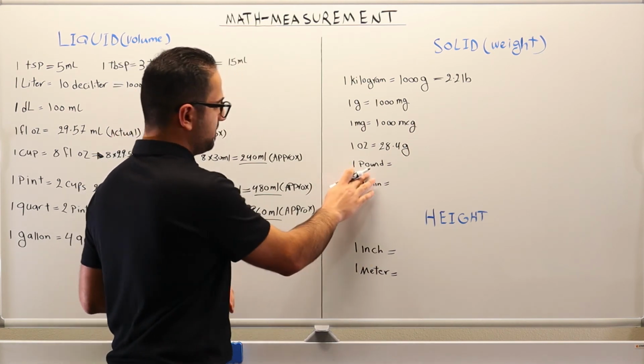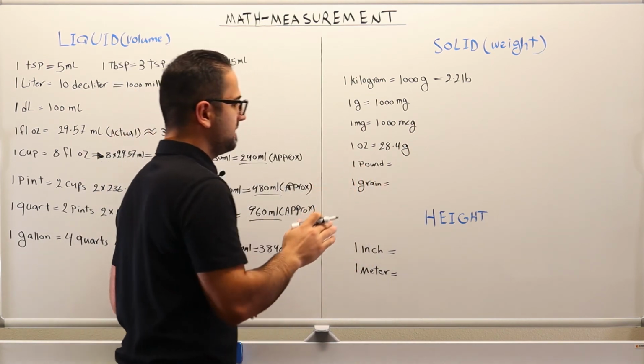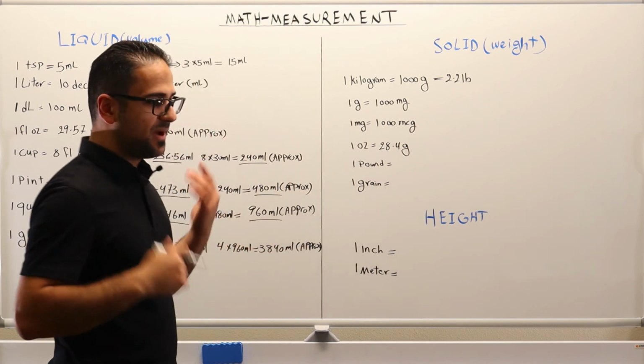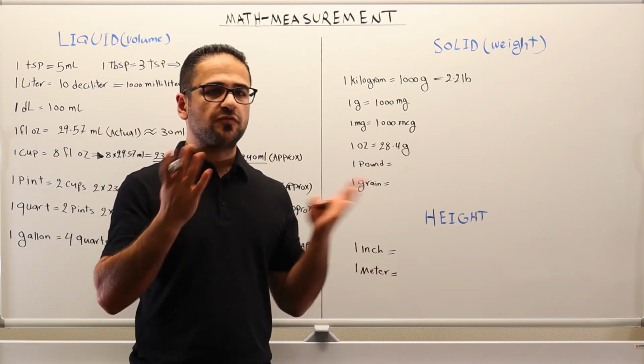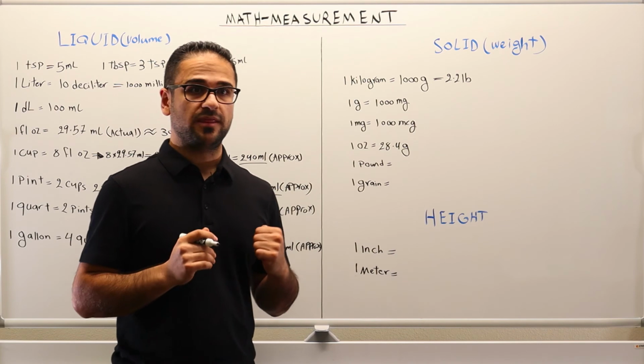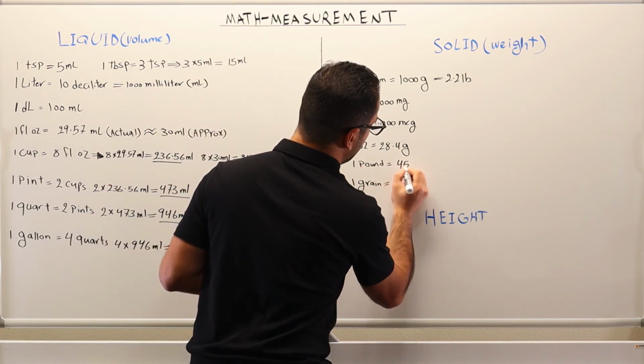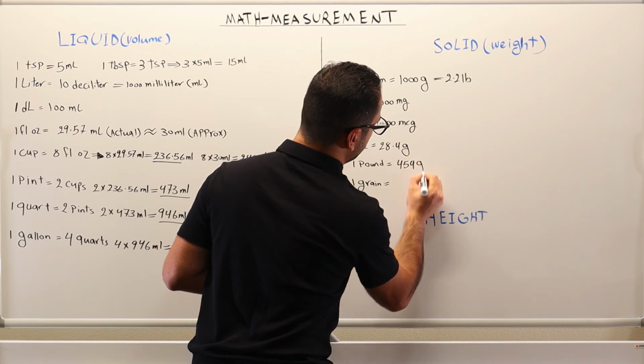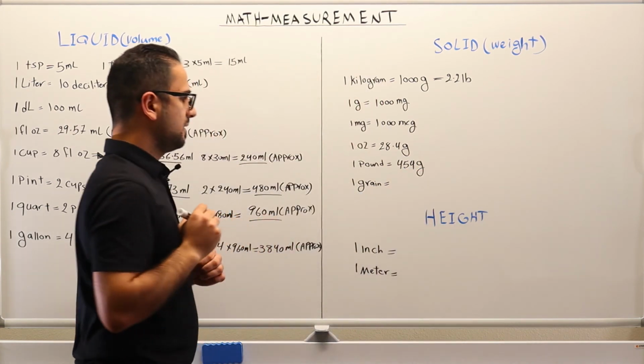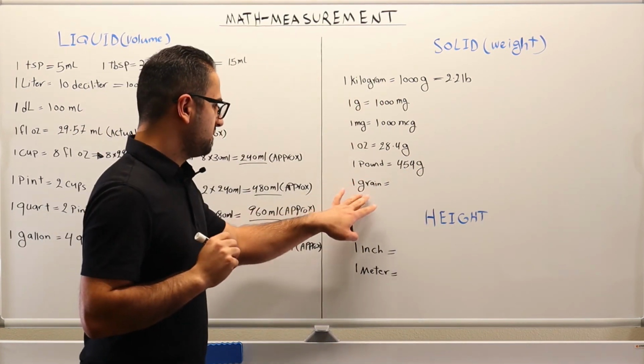And moving to pound. So 1 pound in grams, the way I think about it is 2 4s and there is a 5 in between them. So 1 pound is equal to 454 grams.